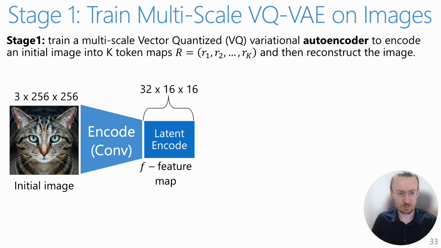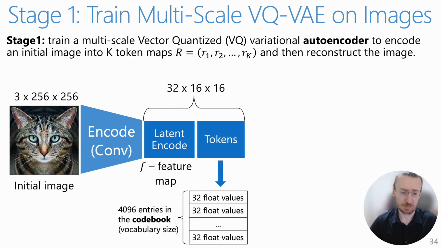This is an image from the ImageNet dataset with dimensions 3 by 256 by 256. So we have this relatively high resolution image, and then we encode the image using a convolutional neural network. These are basically conv layers, usually a few of them, like 4, to go from the pixel space to the latent space. This latent feature map is of dimension 32 by 16 by 16. So we operate these models in the latent space.